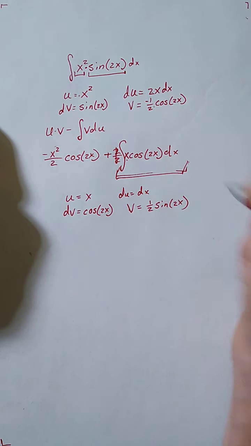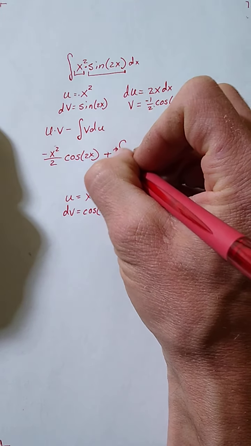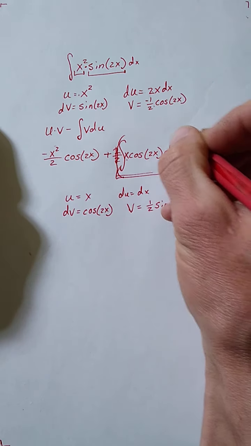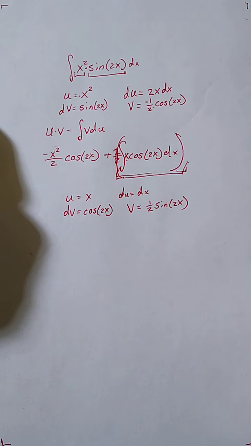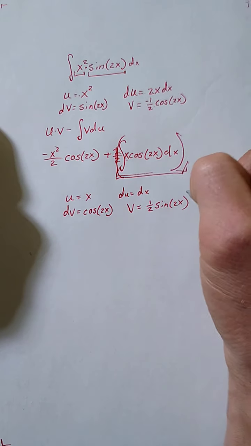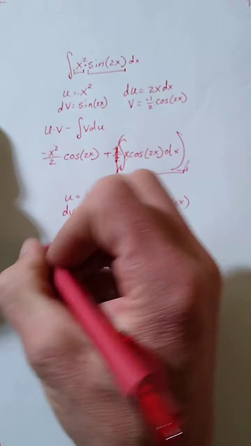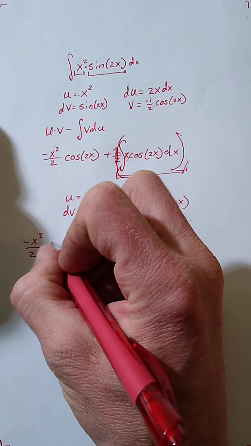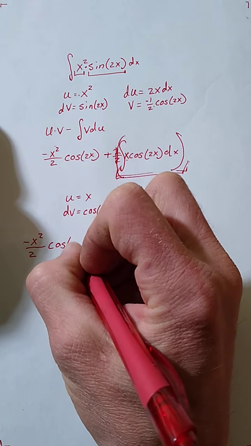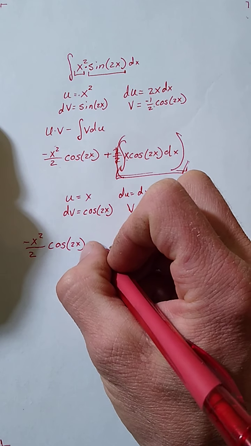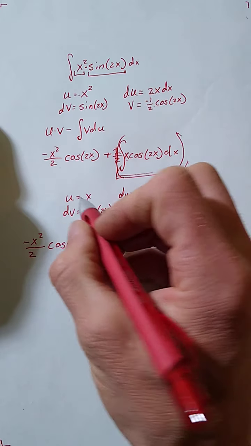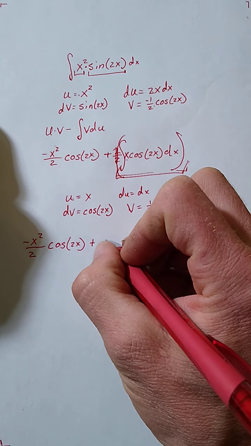This is a part where parentheses are your friend, in that if you have a number here like 1/2, it has to multiply all of that. So if you have to do another u dv, then it's in here. So I've got the first part, plus from here, and now I've got my new u and v.